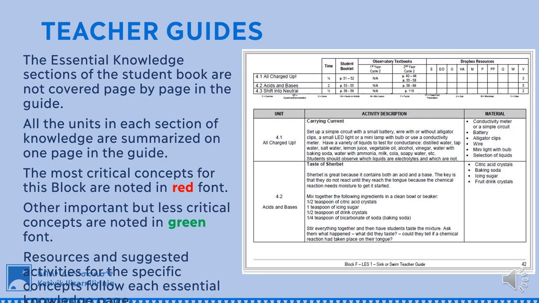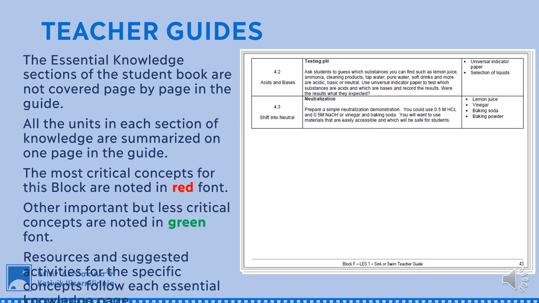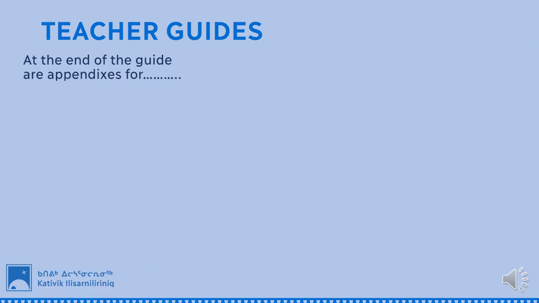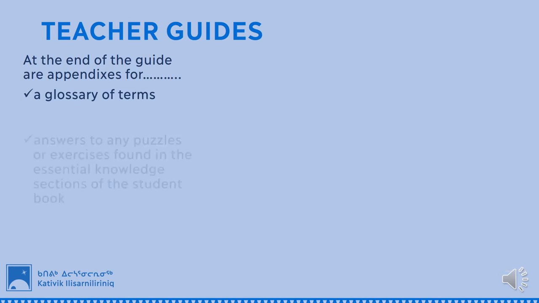After each essential knowledge summary page, you'll find some resources and suggested activities for the specific concepts covered in that section. At the end of the guide are the appendixes that include the glossary of vocabulary terms, like the one at the end of the student booklet.